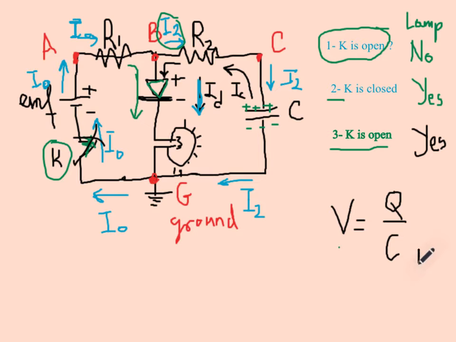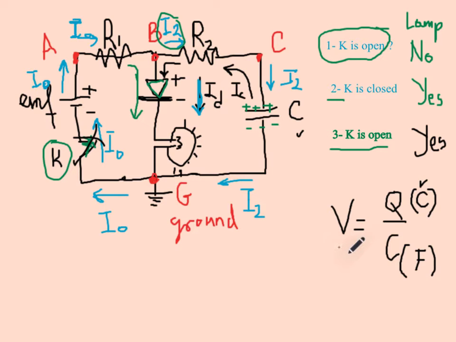This is expressed in farad, F, and Q is the charge. So Q is in coulombs. I know that there are so many letters here. C here is capacitance, C here is coulombs, but you need just to make sure that you are talking about the capacitor or you are talking about the charge, which is the unit.